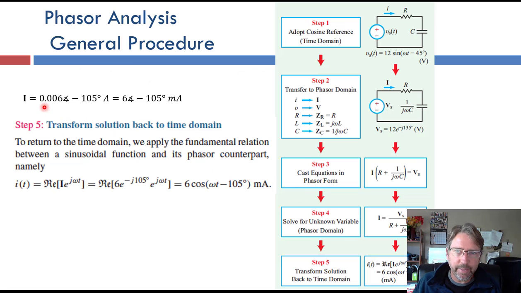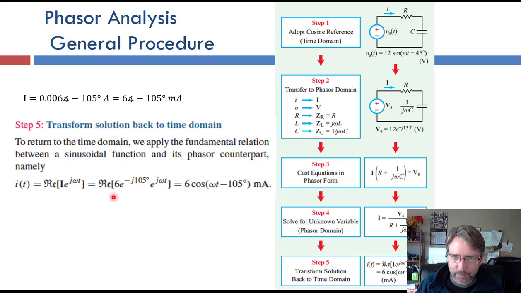Okay, so we have a polar form for the current, which is what we wanted. So we're actually done. We've done the math, but you can't leave it here if they want a function of time. So we have to take the 6 milliamps or 0.006 amps and the phase of negative 105, and just template them back here.